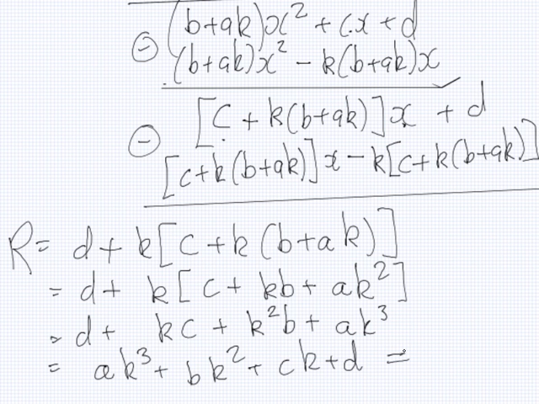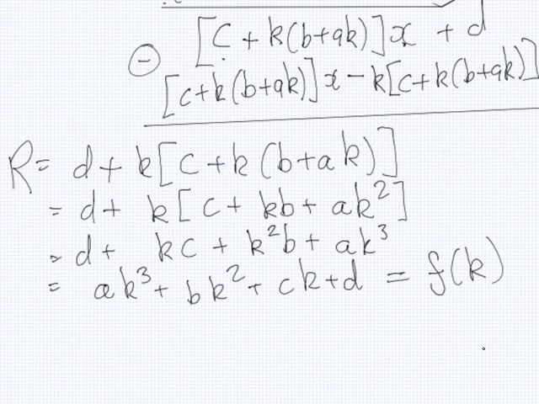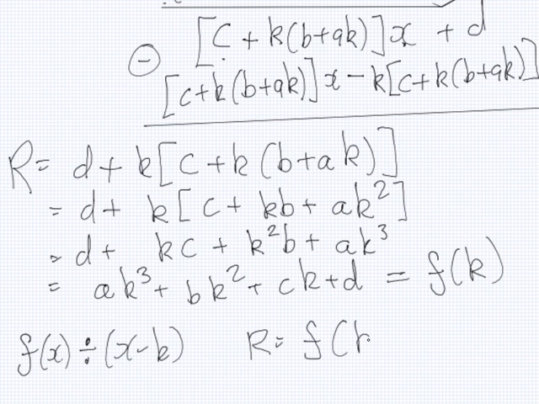It's the original f(x), except x is replaced by k. So we have f(k) here. So now we have this very short result that says if you want the remainder when you have f(x) divided by x minus k, you don't need to do long division. The remainder will just be f of k.